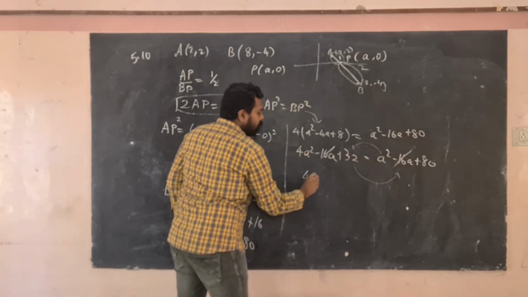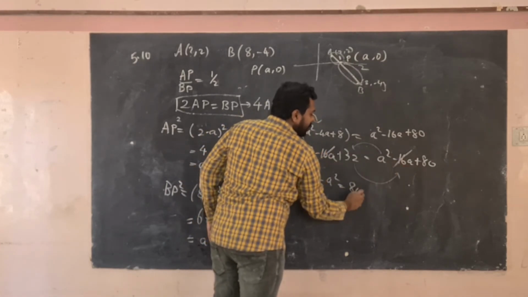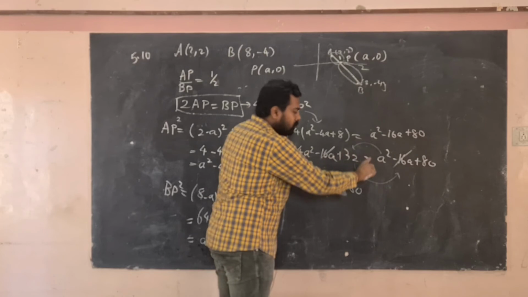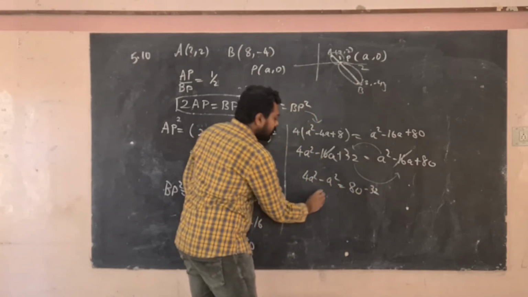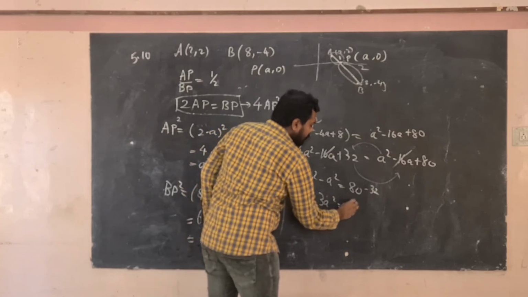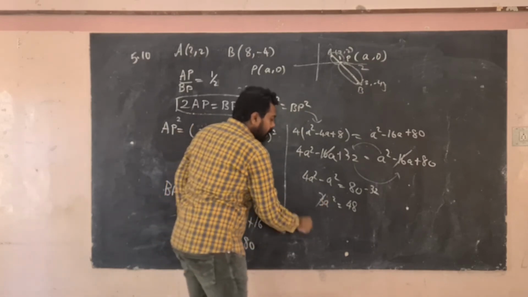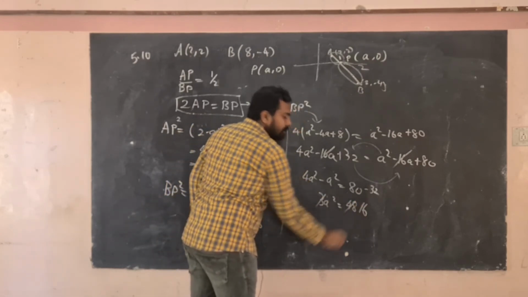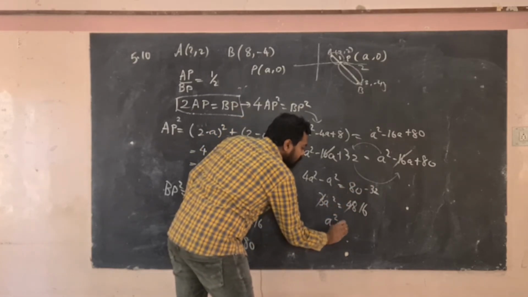So 4a square minus a square is equal to, on the right hand side, 80. This plus 32, when it goes to the right hand side, becomes minus 32. So 4a square minus a square is 3a square equal to 48. 3 times 16 is 48, so a square is equal to 16.